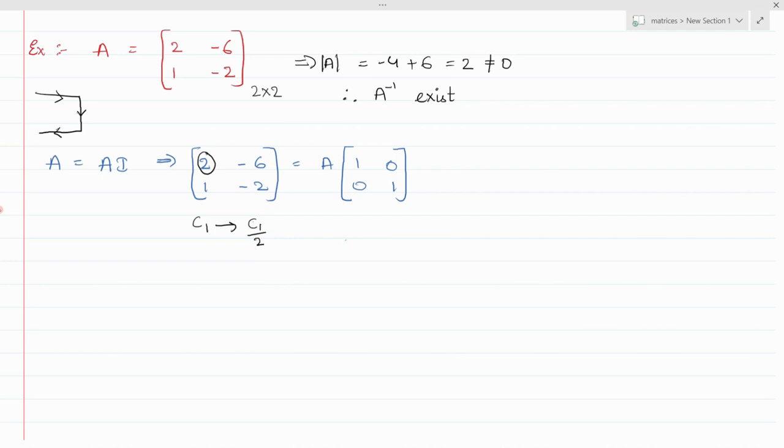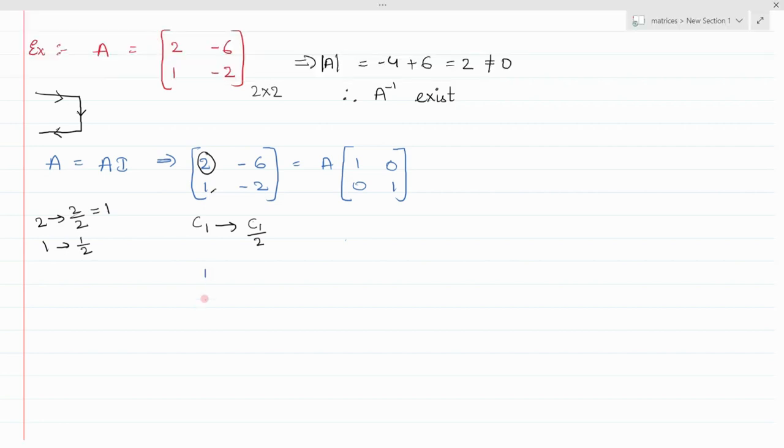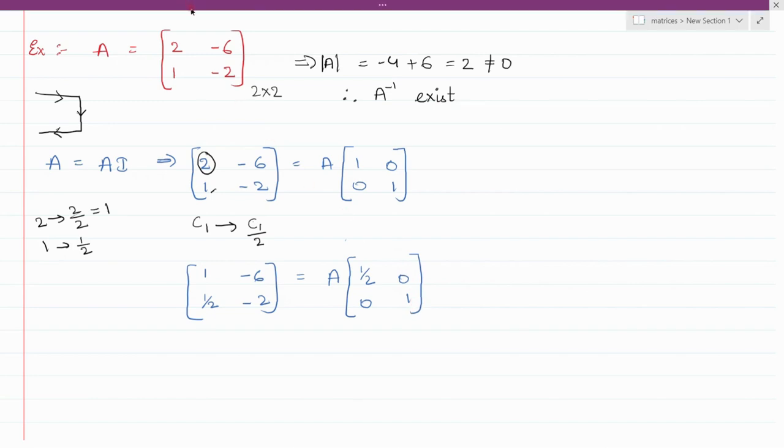When we do this, the element 2 changes to 2 by 2, which is 1, and this element 1 changes to 1 by 2, half. So 2 changes to 1 and 1 changes to half, and column 2 elements remain as they are, equal to A into this, which changes to 1 by 2, 0, and 0, 1.